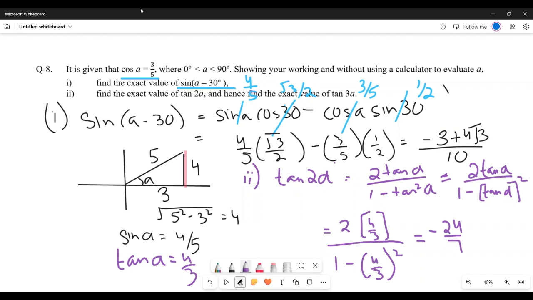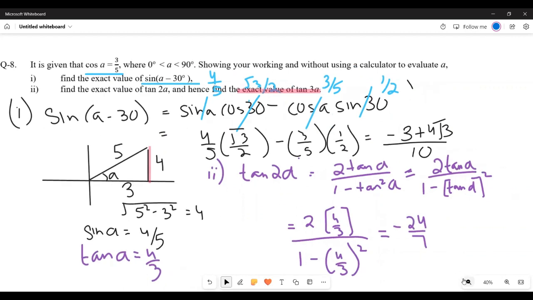Last part is, find the exact value of tan 3A. We still have to do this. So we have to find tan 3A now. How do we find tan 3A?